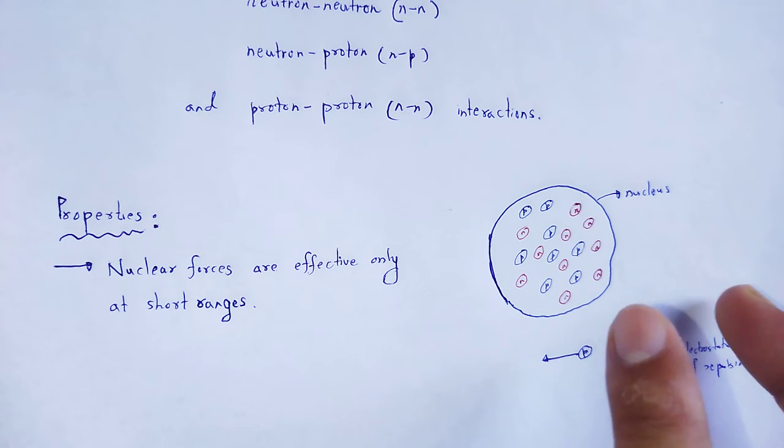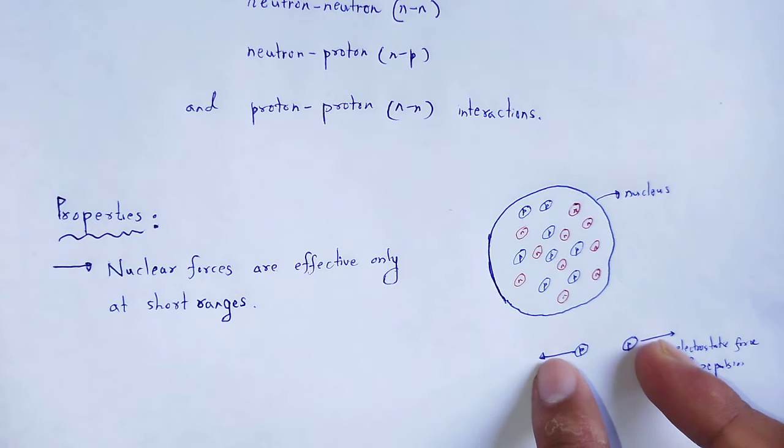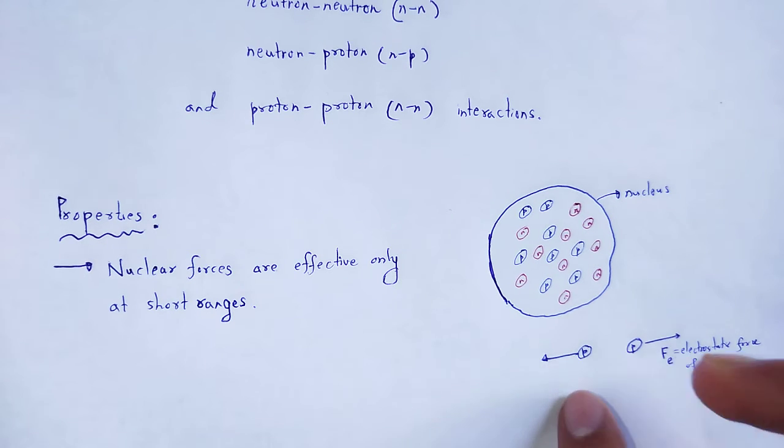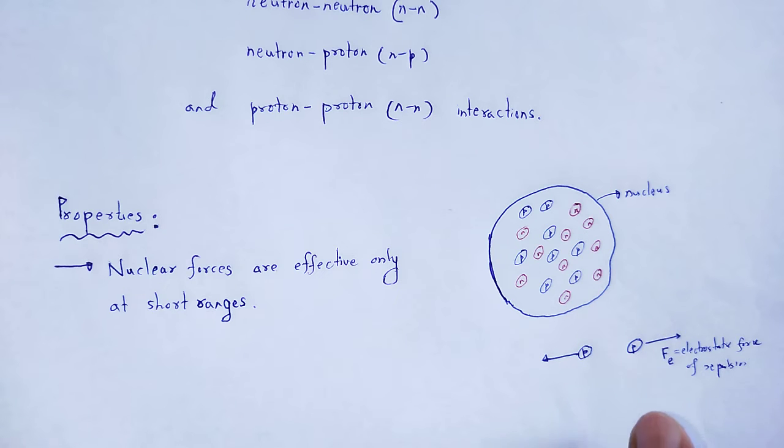Let us understand it like this: the distance between these protons is above 10 to the power minus 15 meter.